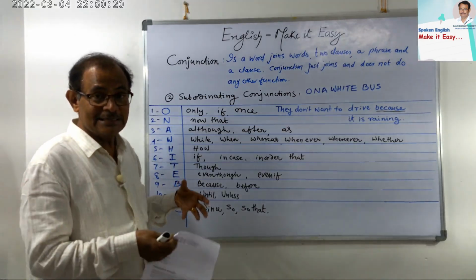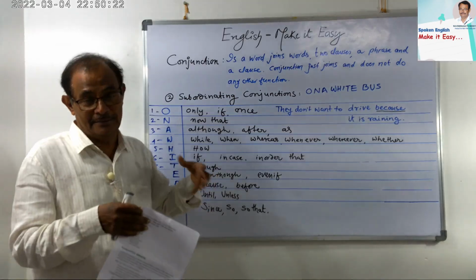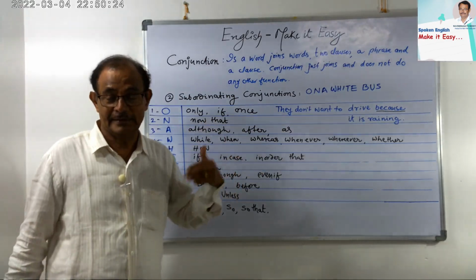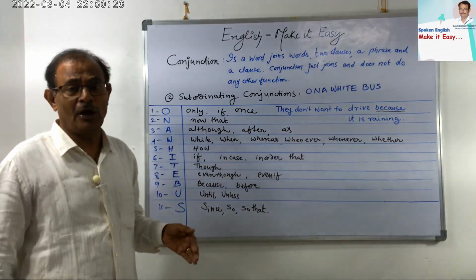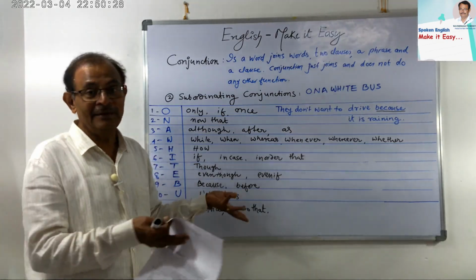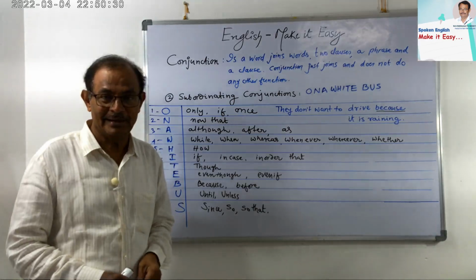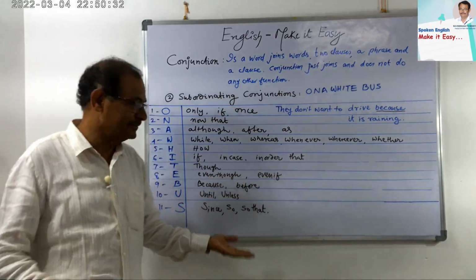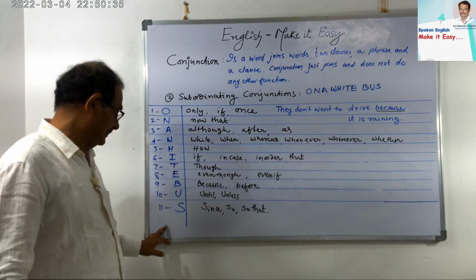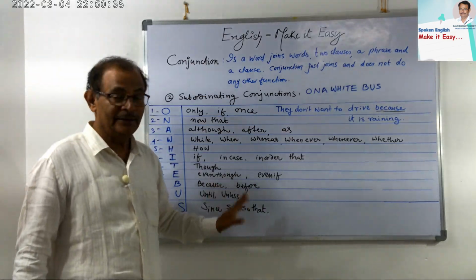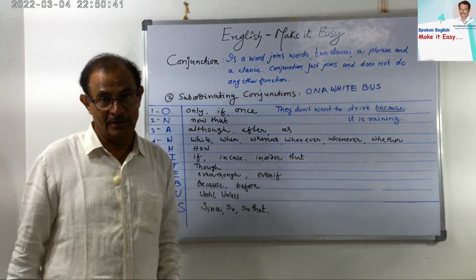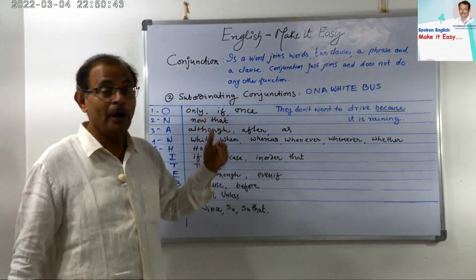If the function done by a particular word satisfies the definition of a preposition, then it acts as a preposition. So sometimes it's a preposition and sometimes it is a conjunction. So since, so, and so that. Dear friends or students, so kindly remember on a white bus.